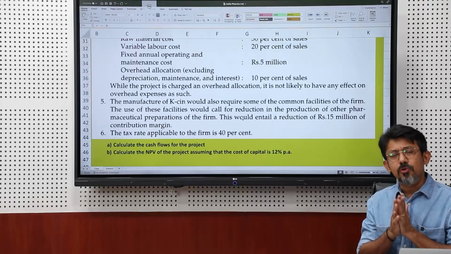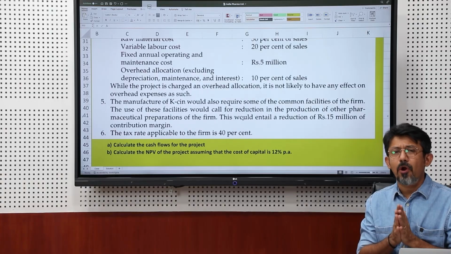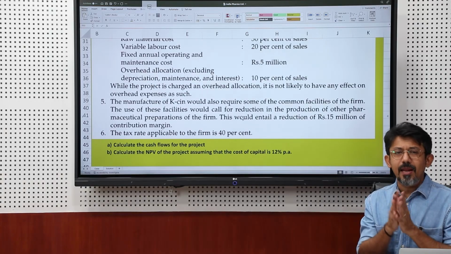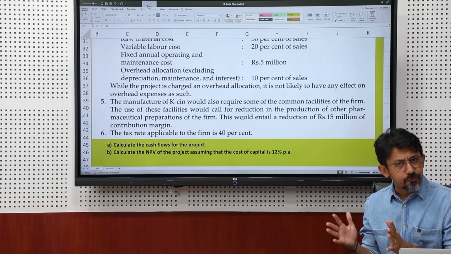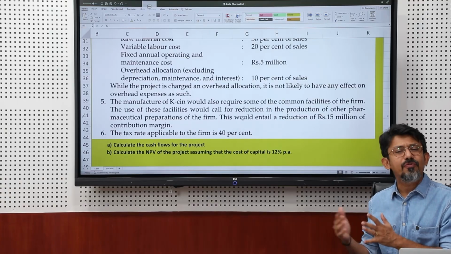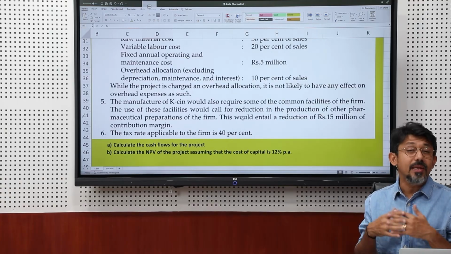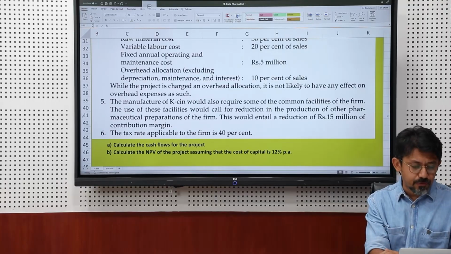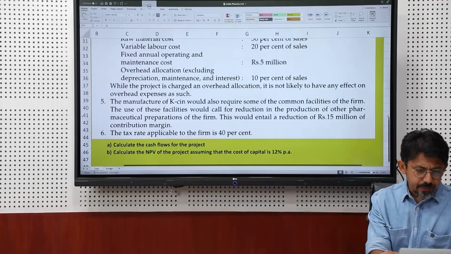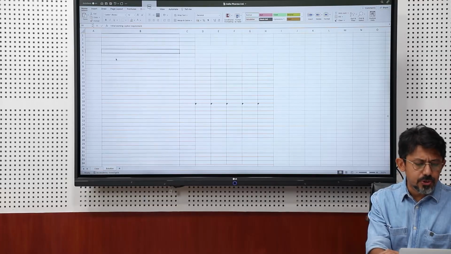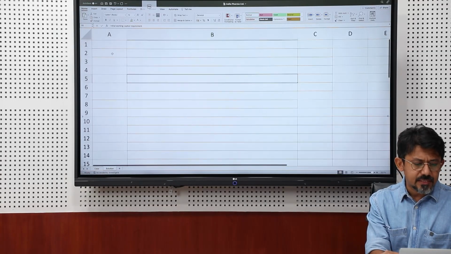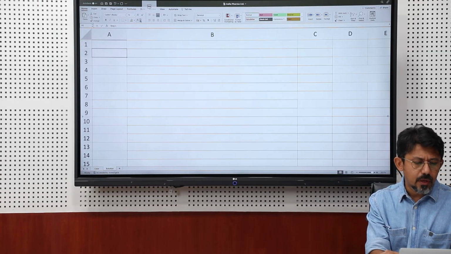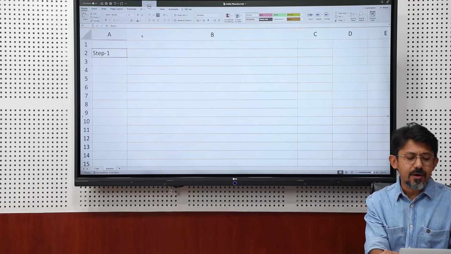So, let's look at these cash flows now from two viewpoints. You know that NPV is present value of cash inflows less present value of cash outflows, which is your initial investment. So, let us try and capture the initial investment first. Let me come on to the solution, and as I said, I will keep on talking about the principles as and when relevant.